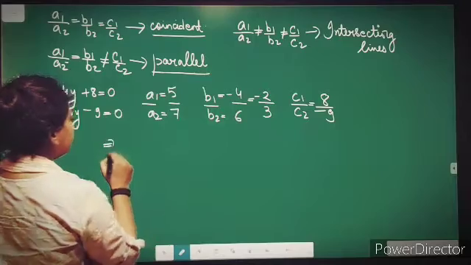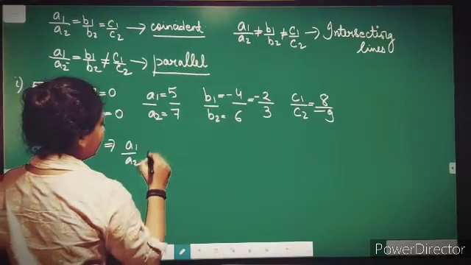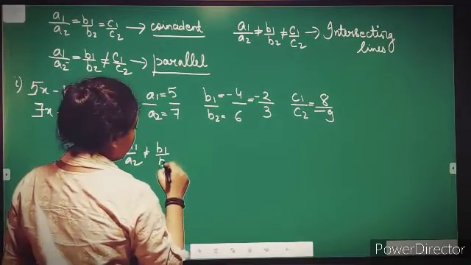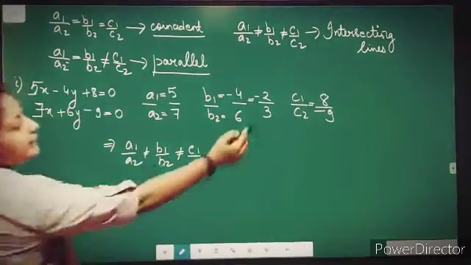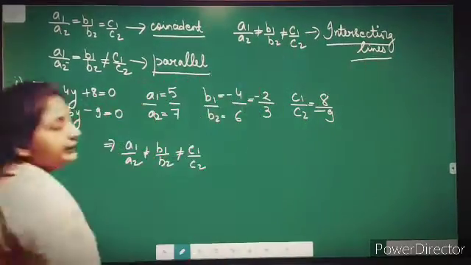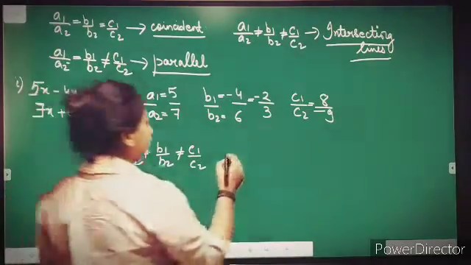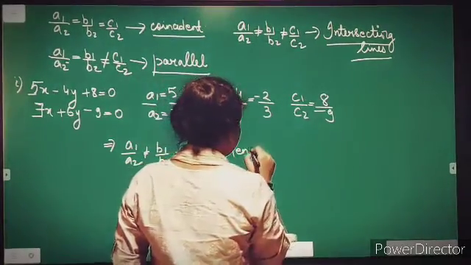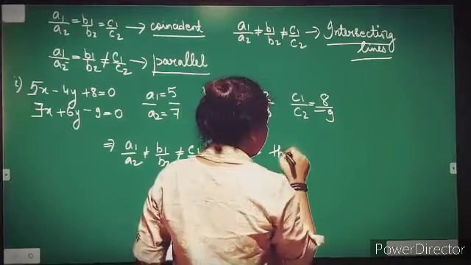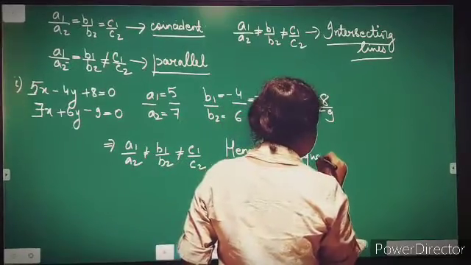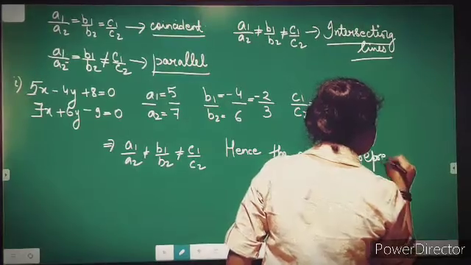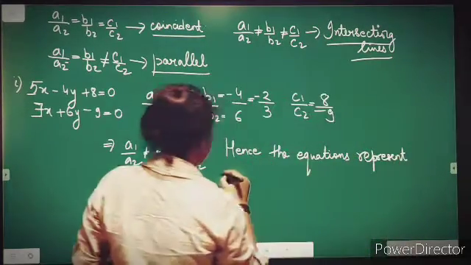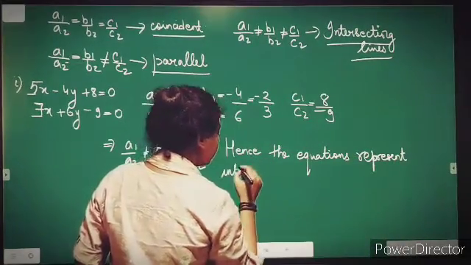So we have this condition, a1 by a2 is not equal to b1 by b2 is not equal to c1 by c2. And this case gives us what? This gives us intersecting lines. Hence from here we can write, hence the equations represent intersecting lines.